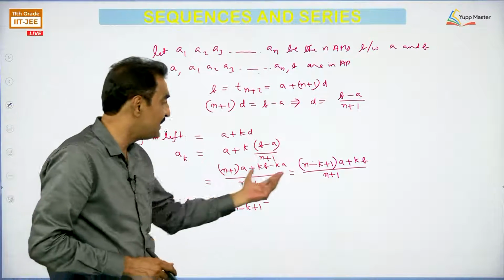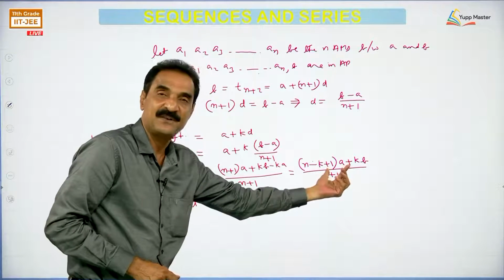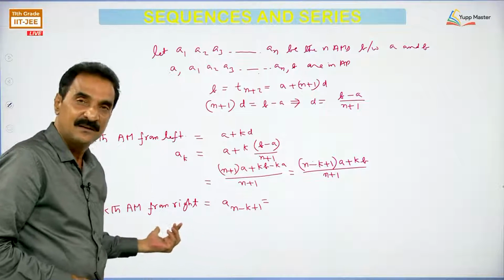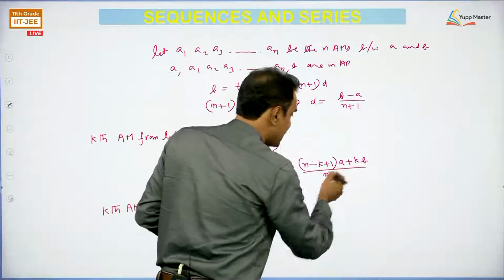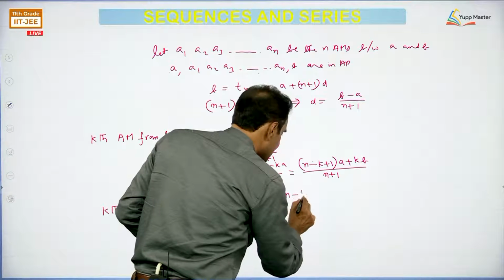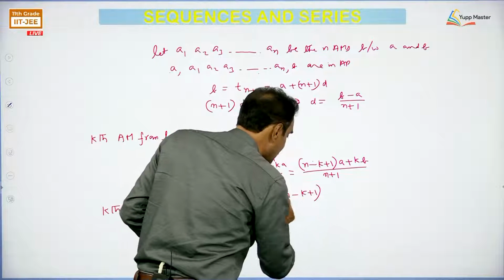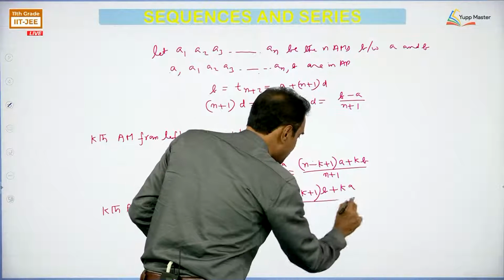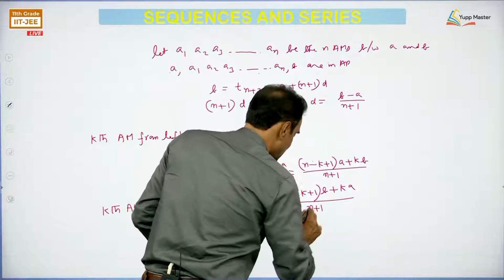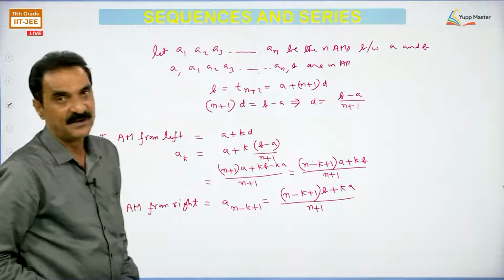So simply by interchanging A and B in the previous result, you will get the kth arithmetic mean from right. So I will interchange A and B: (n minus k plus 1) into B plus kA, by n plus 1. This is the kth arithmetic mean from right. Alright.